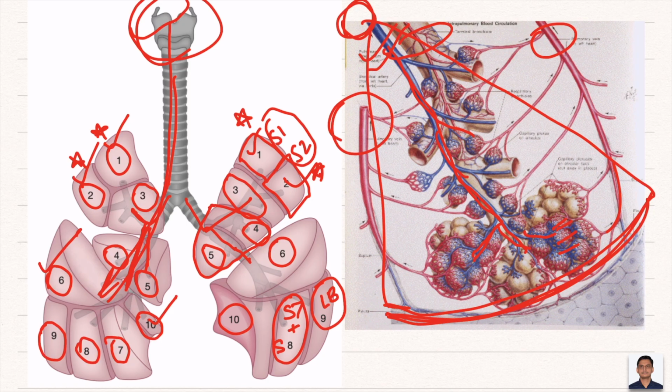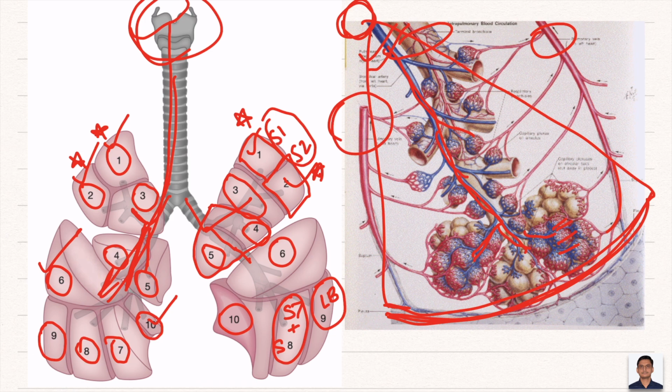Segmental removal of these bronchopulmonary segments is known as segmentectomy, where only the diseased segment is excised, sparing the remaining healthy lung tissue. This is possible because each segment has an independent bronchovascular supply, as we have seen already.